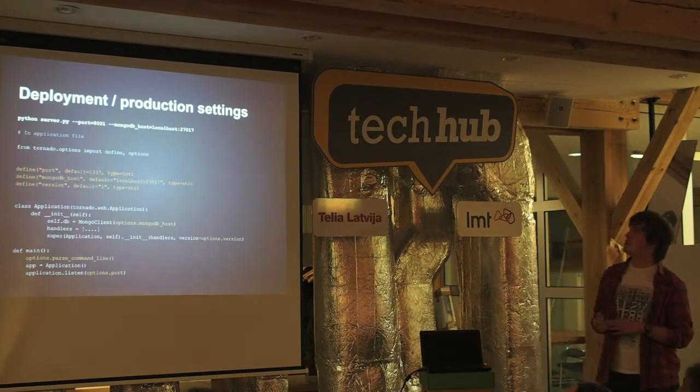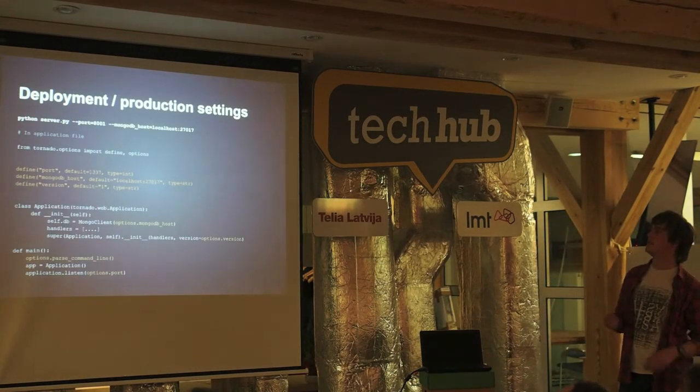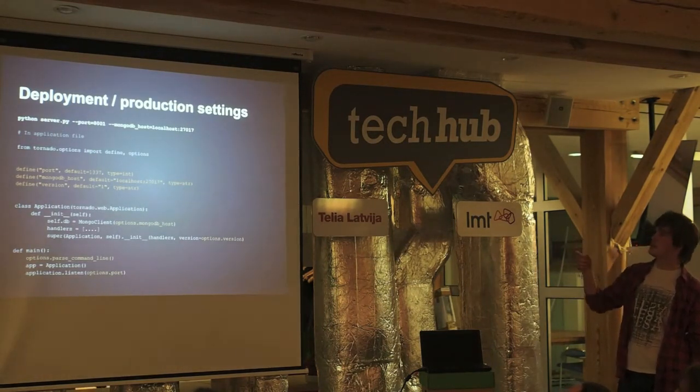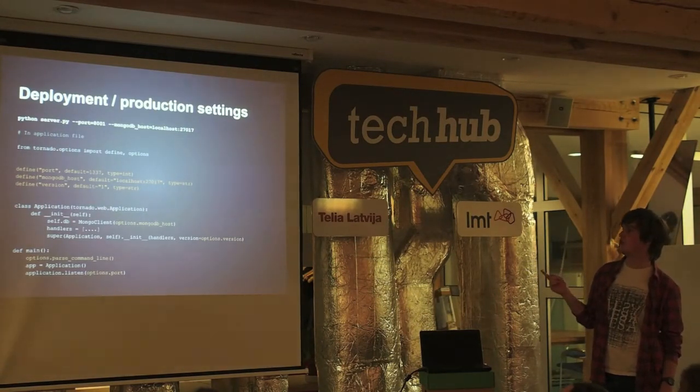And I briefly touched in the previous slide that you start the server and keep giving it a port number and a host of the MongoDB instance. Tornado provides options on how you can manage this. So you can define options, like in this case you have version number, MongoDB host, and a port.